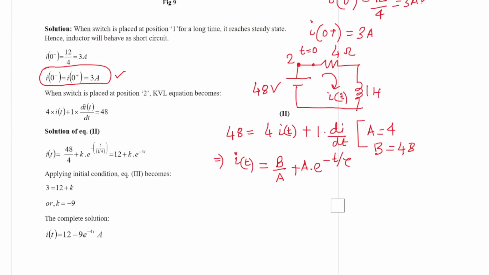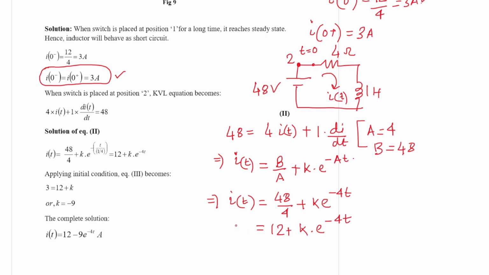It is k into e to the power minus 4t. So let me write down the equation. i(t) is equal to b by a, that means 48 by 4, that is 12, plus k into e to the power minus 4t. So this is the equation.